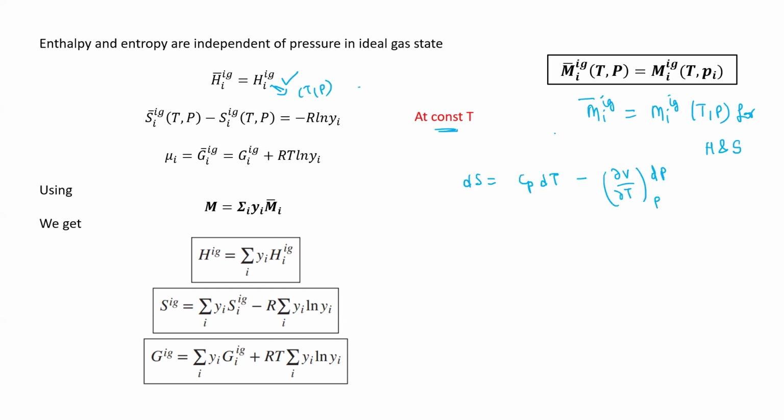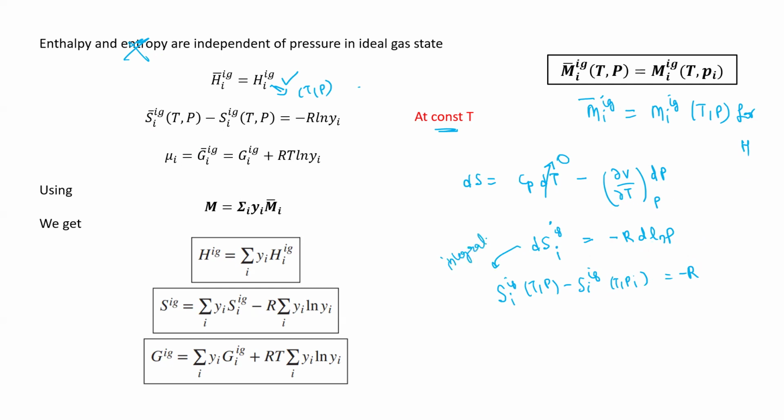So at constant temperature, if I define dT as 0, dS^IG is equal to minus R d ln P. So S_i^IG at T and P minus S_i^IG at T and P_i, if it is integrated, is minus R ln(P/P_i), which is R ln y_i.